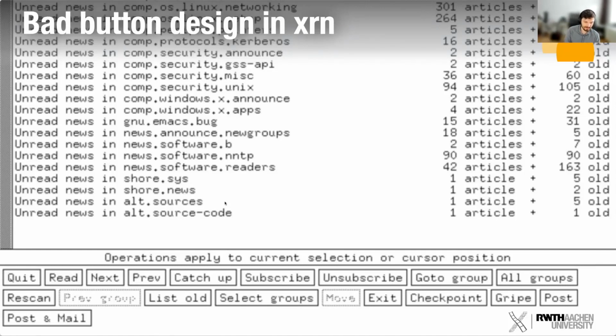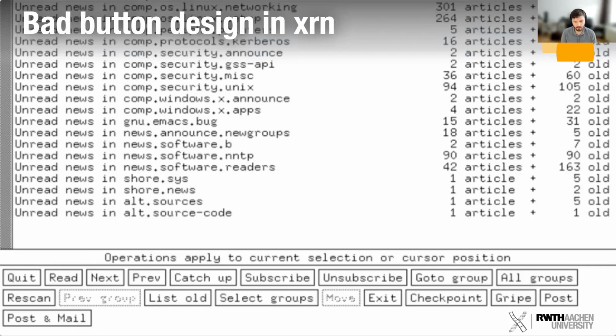Exactly. So the buttons look the same, and buttons which have similar actions, which we would at least group together, are far away. For example, as you said, the quit button and the exit button are far away. And also here, when we talk about similarity, I think it is dangerous that the read button looks similar to the quit button, because you might confuse them and accidentally click on them.